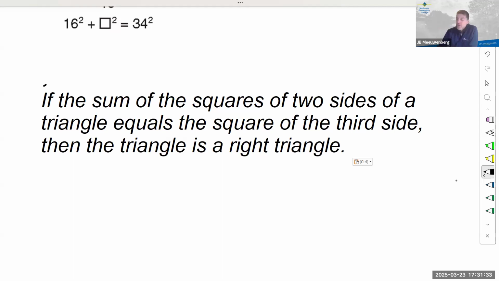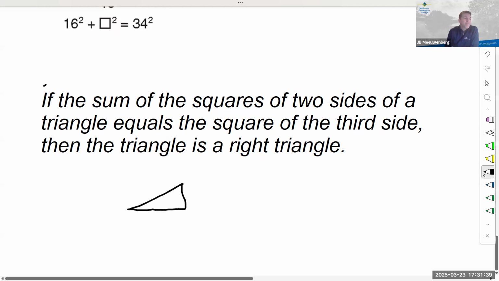Why is that significant? Because it allows you to form a right triangle, which is very important in building things, which ancient Egyptians were known for, all sorts of magnificent constructions. Carpenters may use the fact that they can make a 3, 4, 5 right triangle to make sure things are at a 90 degree angle.